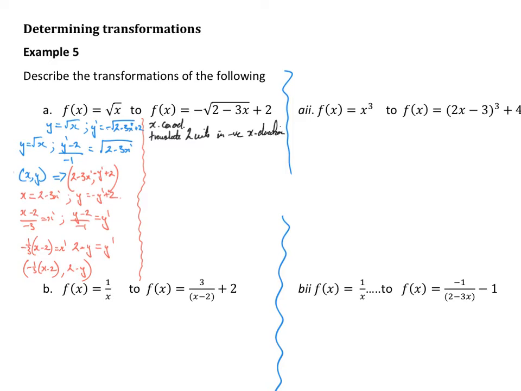And then the x value is being multiplied by a value of 1/3. So it's been dilated by a factor of 1/3.